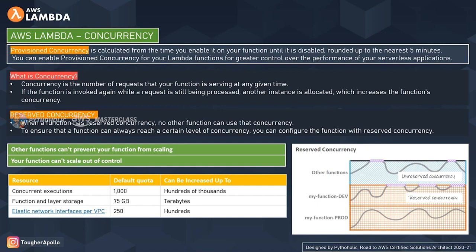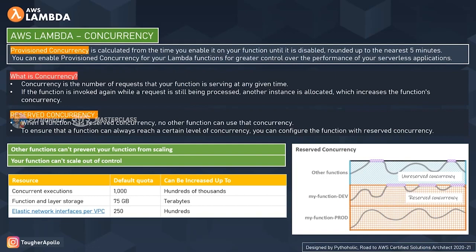Without reserved concurrency, other functions can use all of the available concurrency space, and this is a very bad thing because it will prevent your functions from scaling up when needed. On the other hand, if you feel your function will need this amount of traffic and it needs this space, you can provide it with reserved concurrency so that other functions don't interfere.